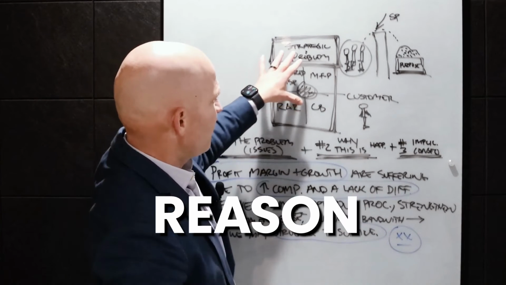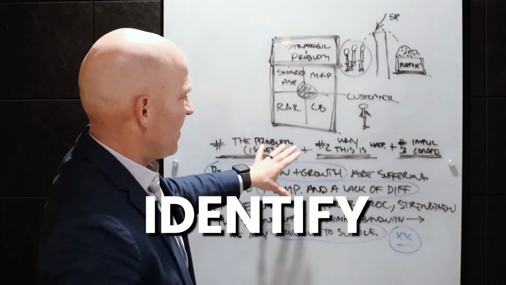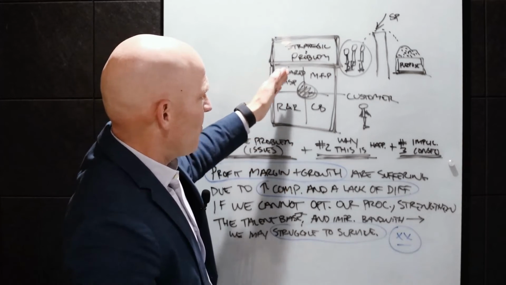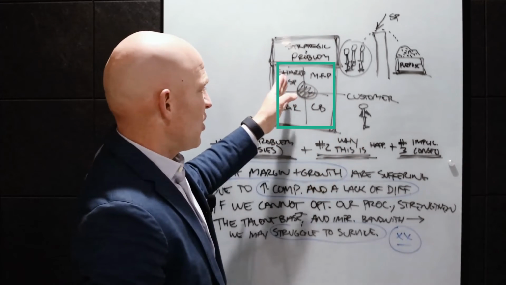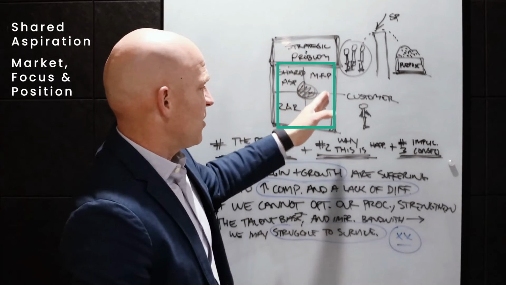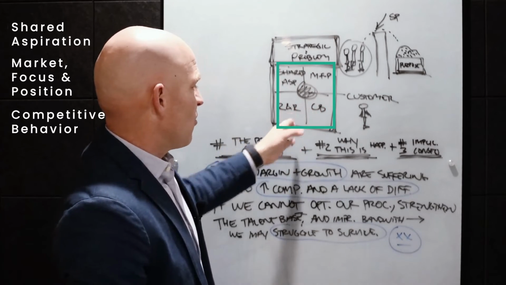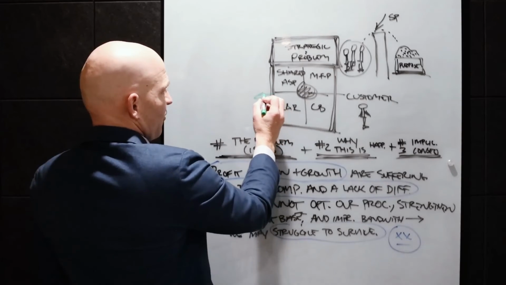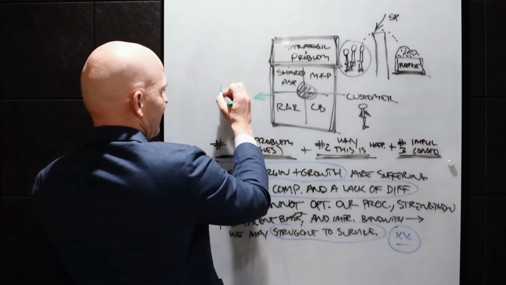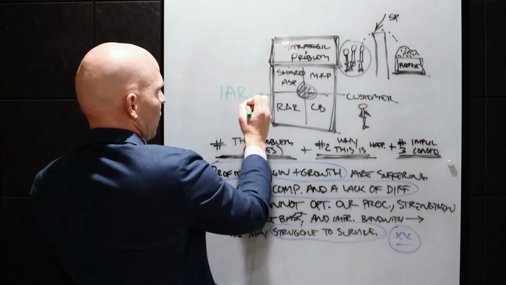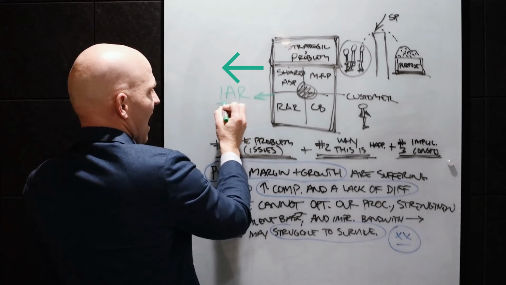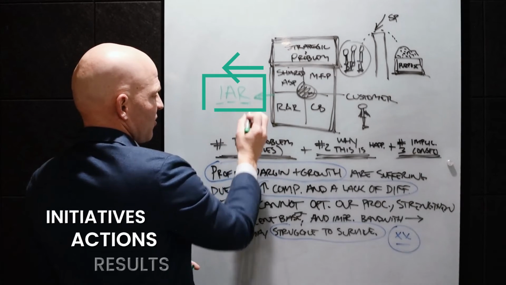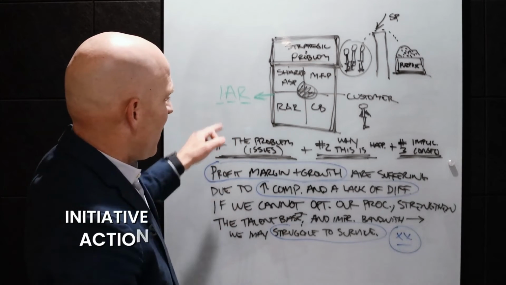Now, the reason why the strategic problem is so important to identify is because when we go back into these 4 quadrants, shared aspiration, market focus and position, competitive behavior, and resources and returns, ultimately as this strategy then leads to the company identifying what we call at Coltivar IARs, initiatives, actions, and results, guess what?